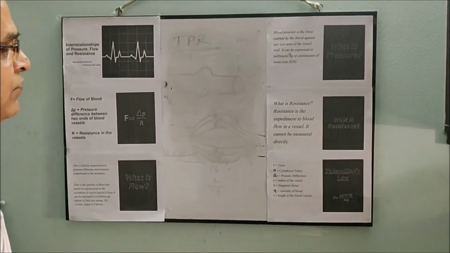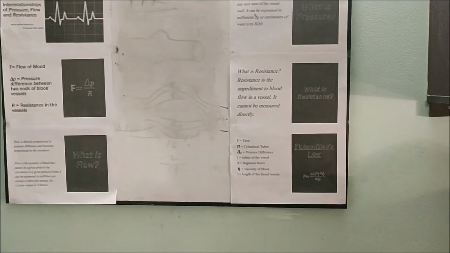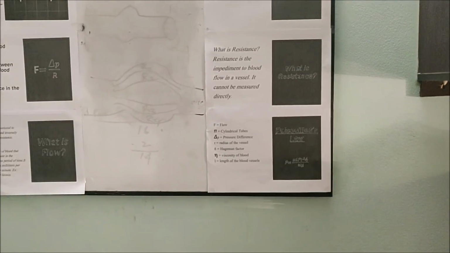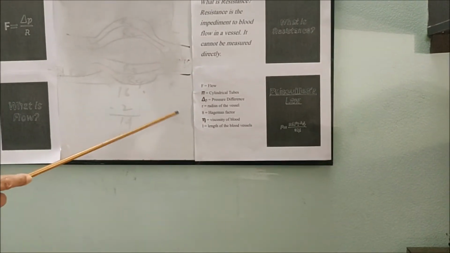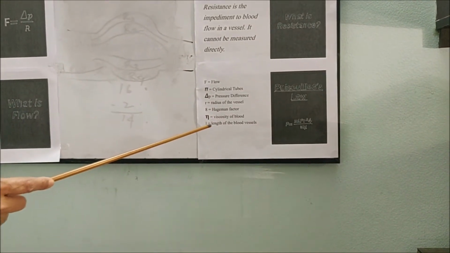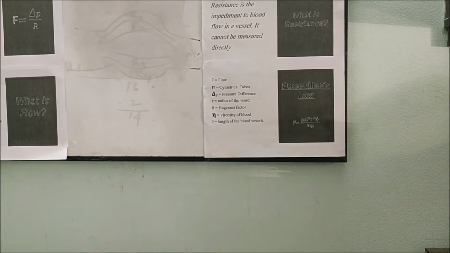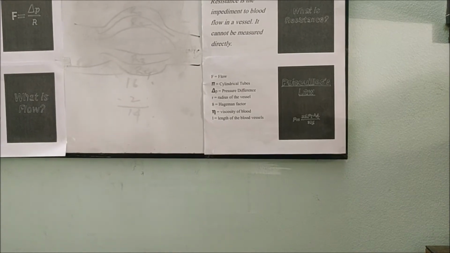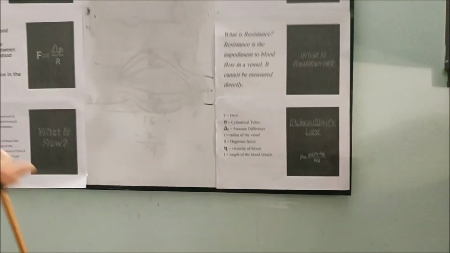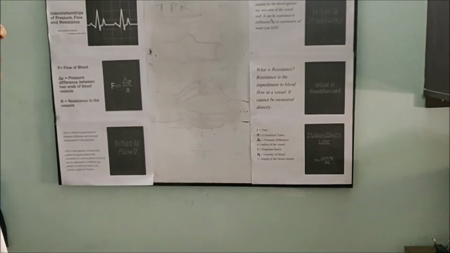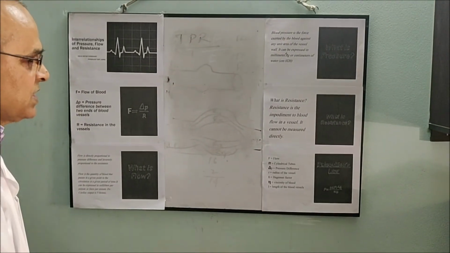Now, in 1840, he showed through this law that resistance is directly proportional to the viscosity of blood and the length of the tubes. When the blood viscosity is increased, there is increased resistance. Blood viscosity is increased in some conditions.